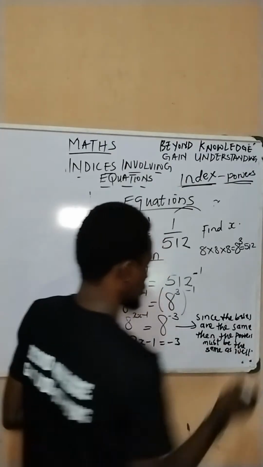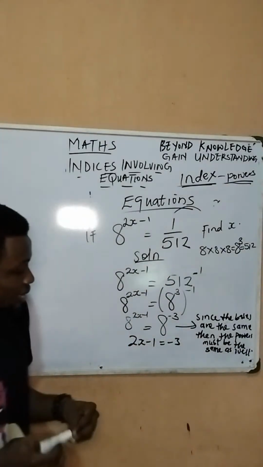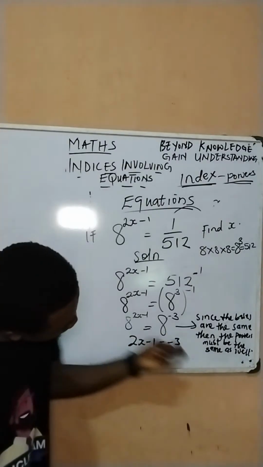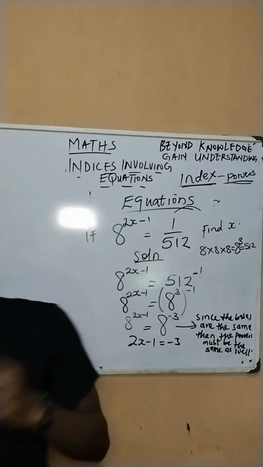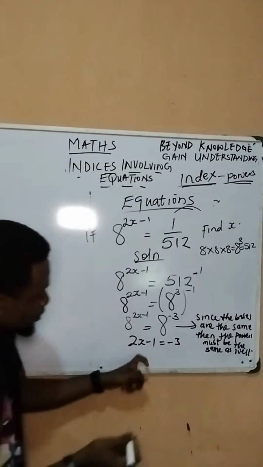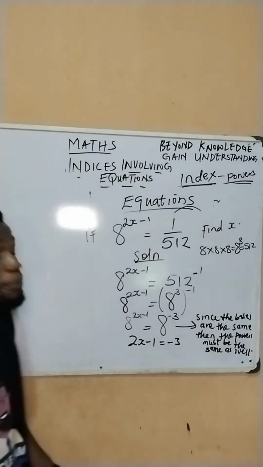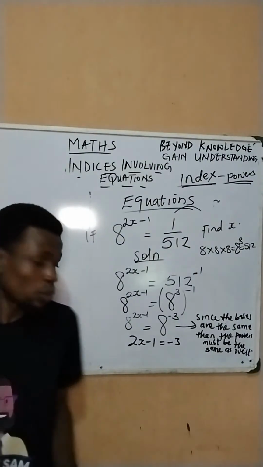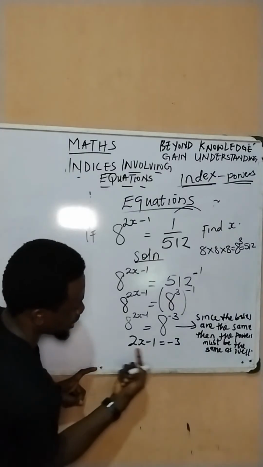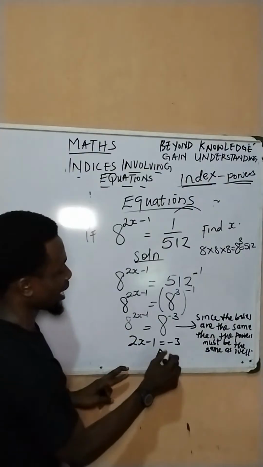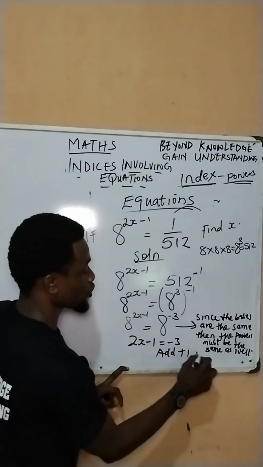So that's what we just applied here. And if that is the case, this is now what we have: the power on the left hand side equals the power on the right hand side. So at this point, what do you think we're going to do? We are now looking for the variable x. So we can apply the previous method that we said, which is what is beside the variable here is negative 1. So we can just add positive 1 to both sides.